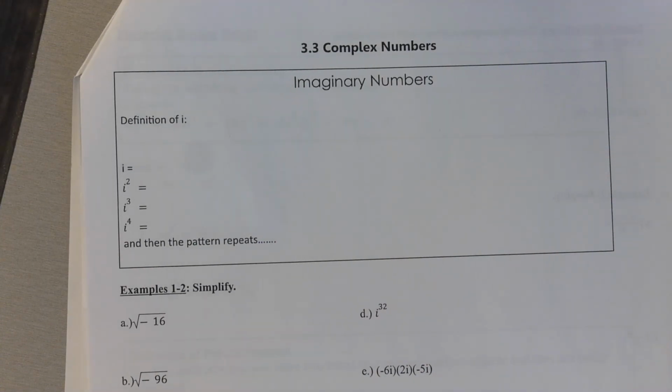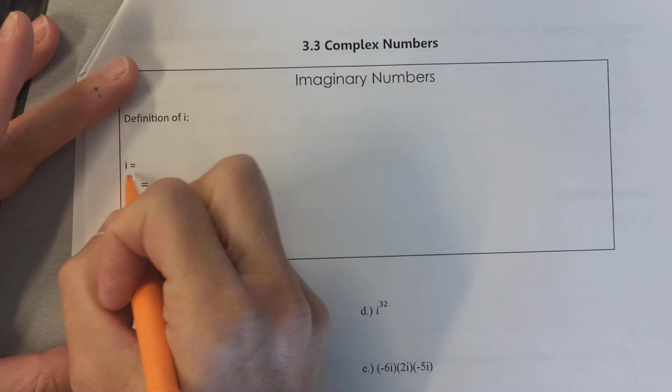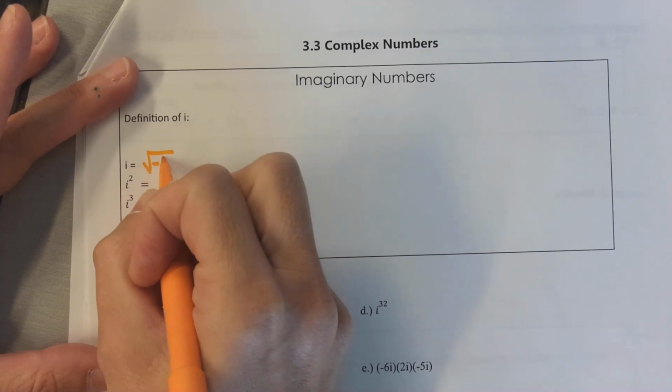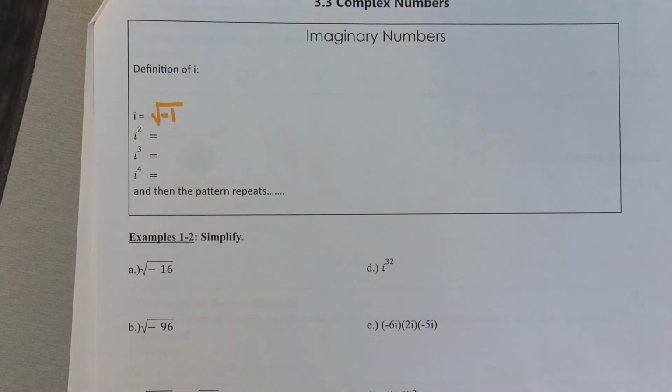So we're talking about imaginary numbers today. Have you heard of imaginary numbers before? Yes? Okay, so an imaginary number happens when we have a square root and what's under it is negative. So by definition, what we're saying i is equal to is the square root of -1.